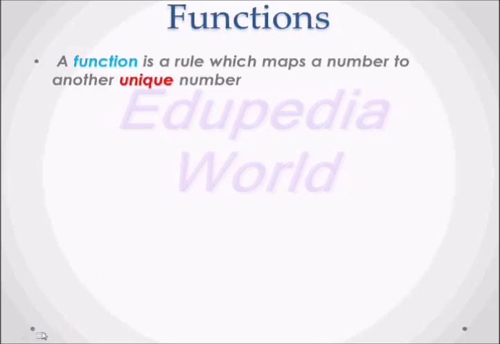So let us discuss that. If f is a function from A to B, and the ordered pair (a, b) belongs to function f, then f of a equals b, where b is called the image of a under the function f.